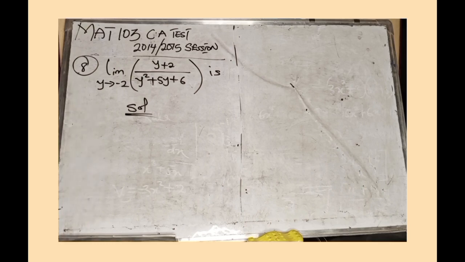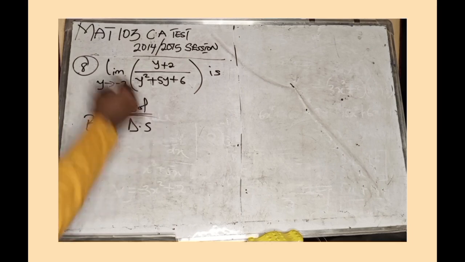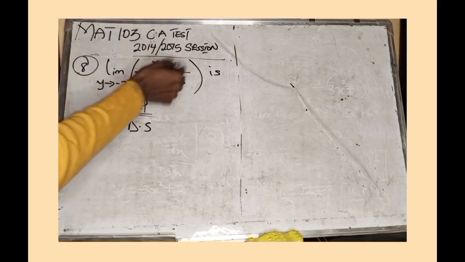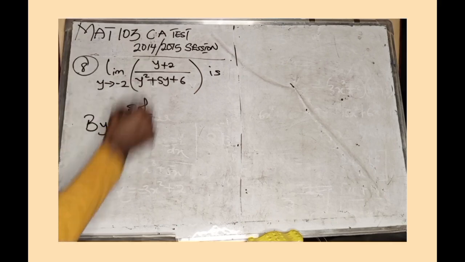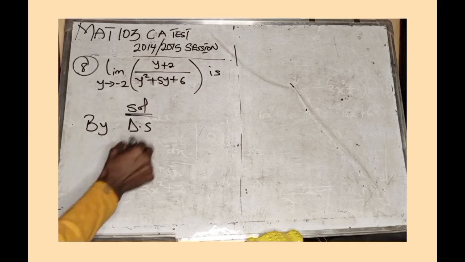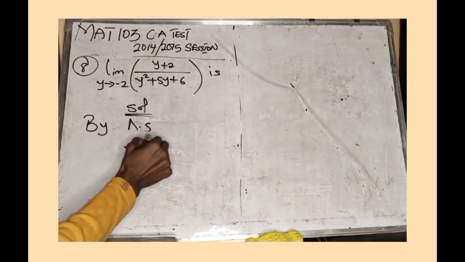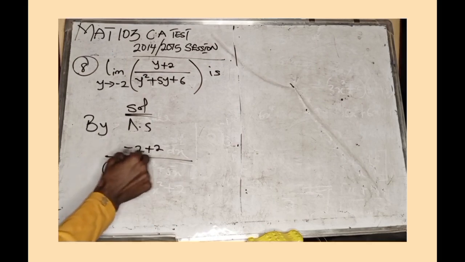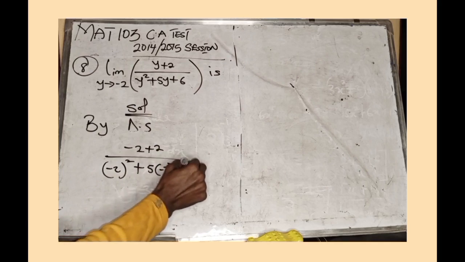Now let me apply direct substitution, DS. So I want to substitute y for minus 2 in this term here. In place of y, I'm having minus 2. Now minus 2 plus 2 all over minus 2 all squared plus 5 times minus 2 then plus 6.